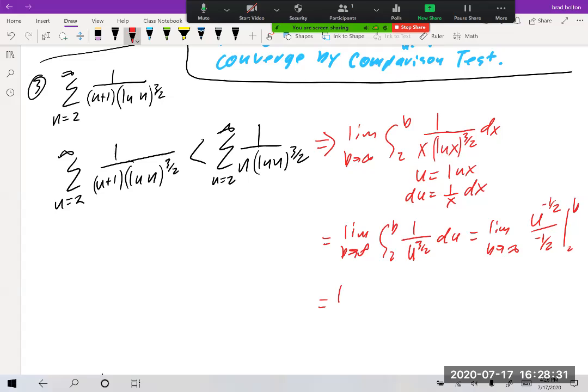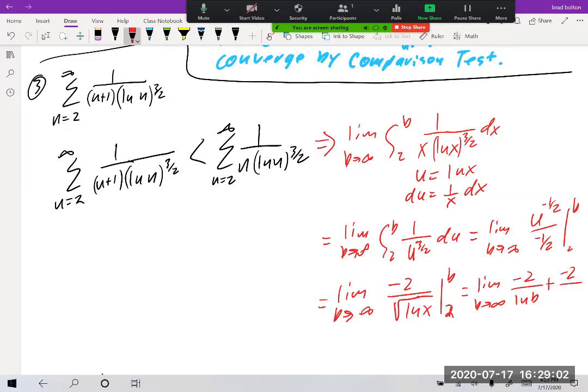I'm going to bring back in what I said u was. So this would be negative 2 over the square root, and I said u was the ln of x, right? From 2 to b. So this would become the limit as b approaches infinity of negative 2 over the ln of b plus negative 2 over the natural log of 2, okay?